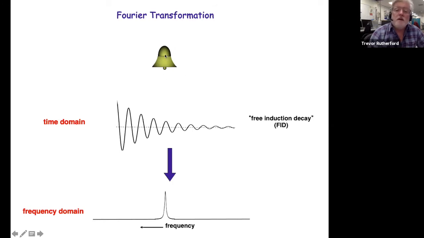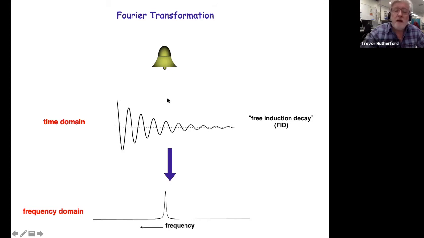What we can do is ring the bell, and we get a sinusoidal oscillating signal that decays away. It has an exponential damping as it rings away back to zero. If you run that through the Fourier transform, you extract the frequency component for the resonator.